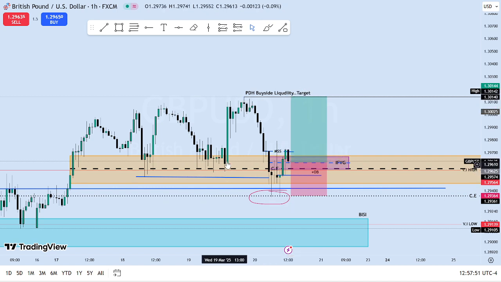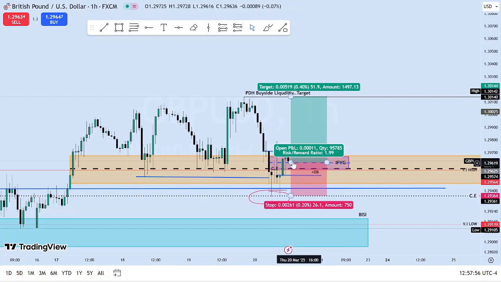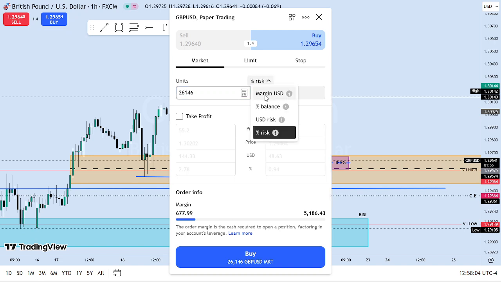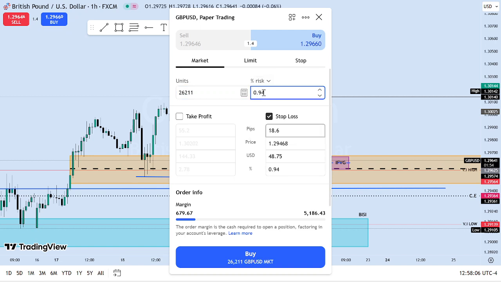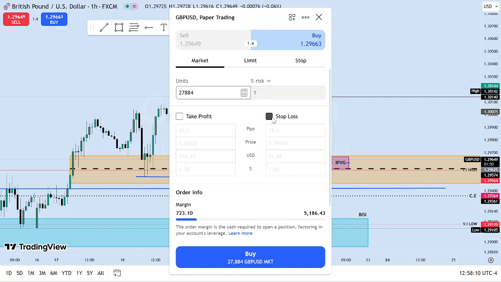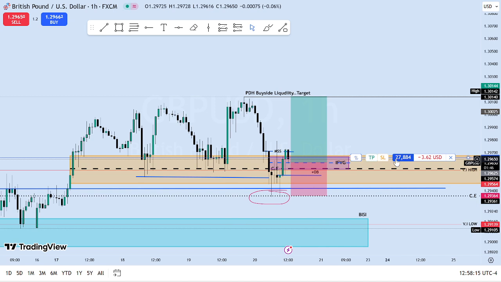Since the previous day low, the sell side liquidity, has been swept, you enter at this inversion fair value gap right there. Just 1%. It's a buy.